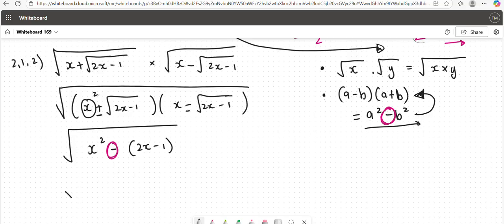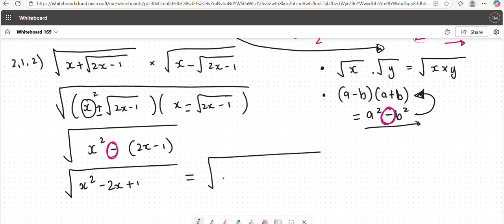And at this point, I could just distribute that minus into the second bracket. So it's x squared minus 2x plus 1. And that's a trinomial. Factors of 1 that add to give me a negative 2 is actually x minus 1 and x minus 1.